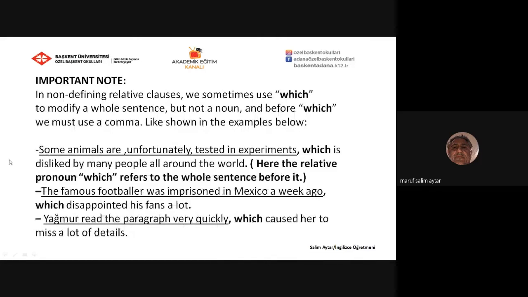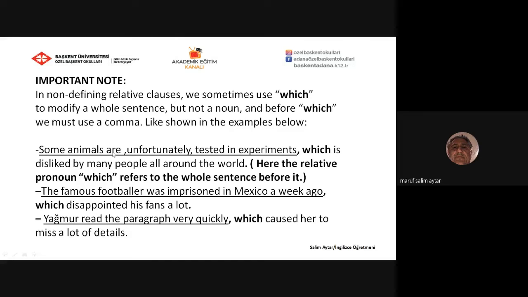Important note, people. In non-defining relative clauses, we sometimes use which to refer to a whole sentence, but not a noun, and before which we must use a comma, like shown in the examples below.